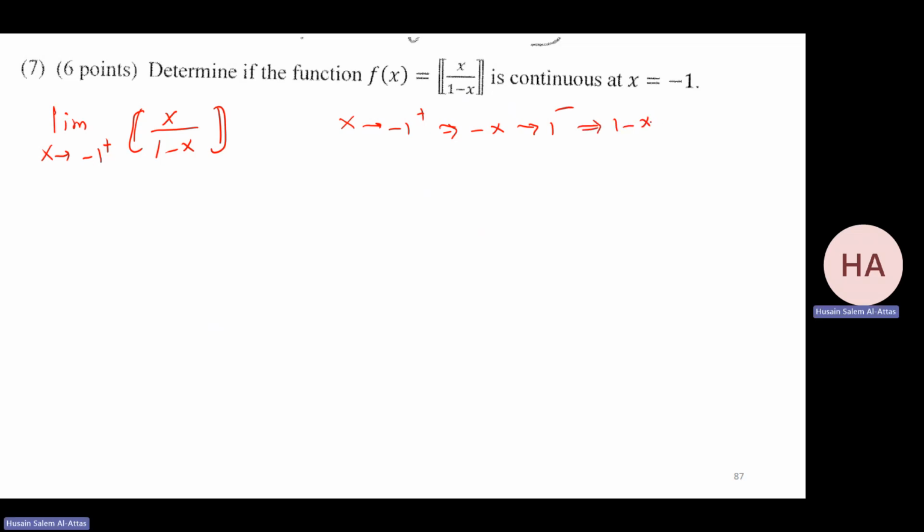So 1 minus x will go to 2 from left, like -1 from right, minus 0.999 something.